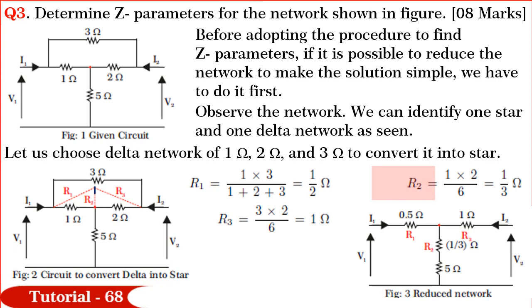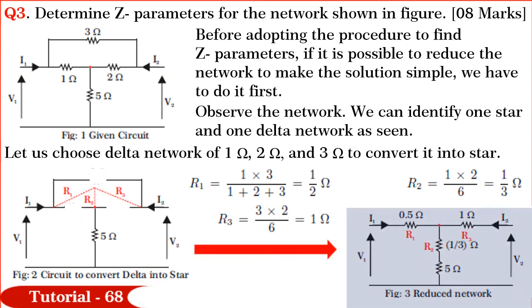Similarly, R2 is equal to 1 into 2 divided by 6, and hence R2 is equal to 1 divided by 3 ohm. And R3 is equal to 3 into 2 divided by 6, and hence R3 is equal to 1 ohm. By replacing the delta with the equivalent star, we get the network shown in the figure.